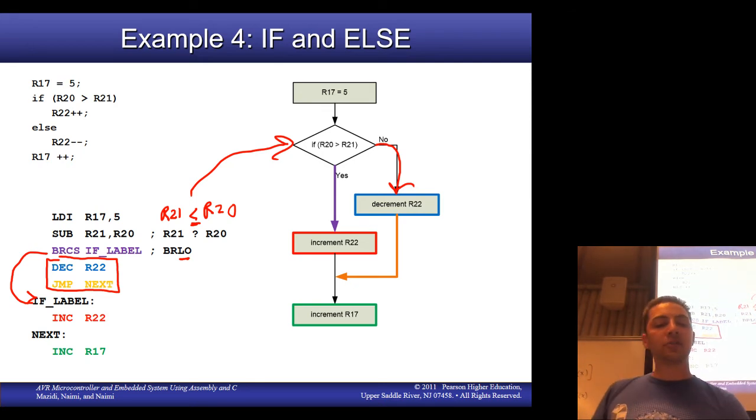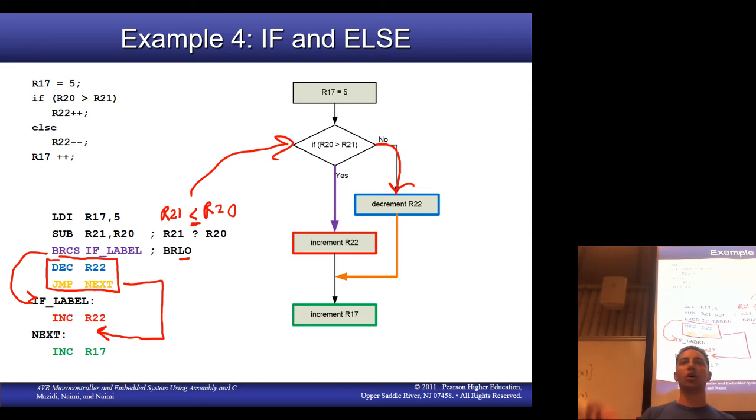And here's where the magic of the if-else is. It jumps to next. Now, jump is an unconditional. It's always going to do this. But we need this statement because if we didn't have this, we would decrement. And then what would be right after that? Well, if the jump wasn't here, we would go into the if label.